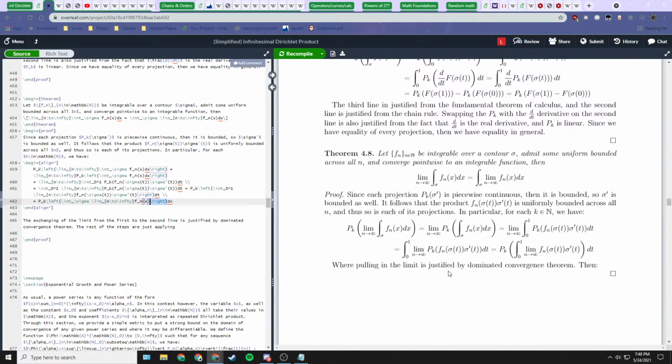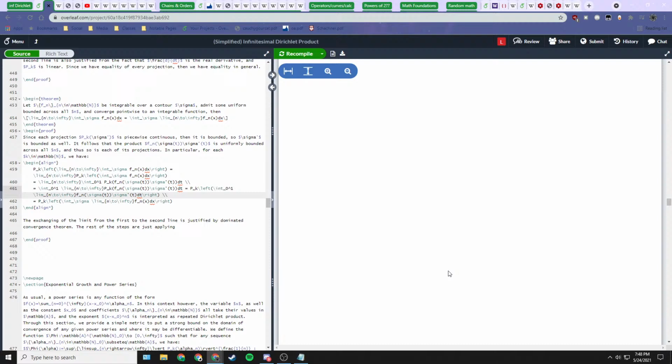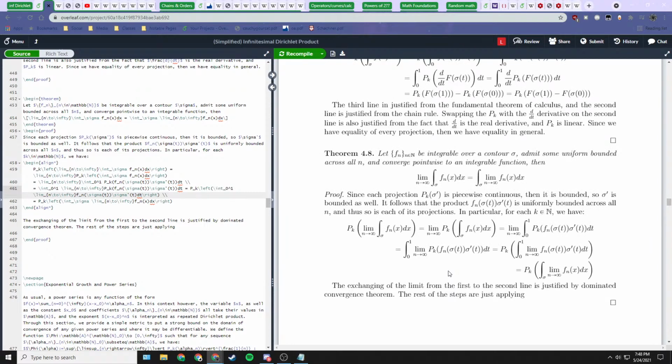Also, this doesn't belong there. That should be on the outside now. And I think that is the whole proof, sans some editing for visualization.